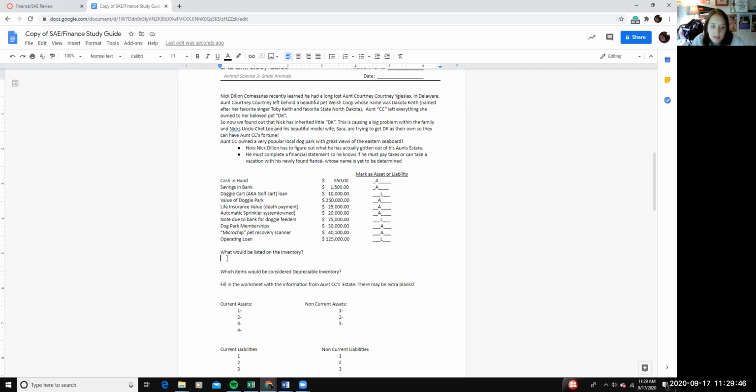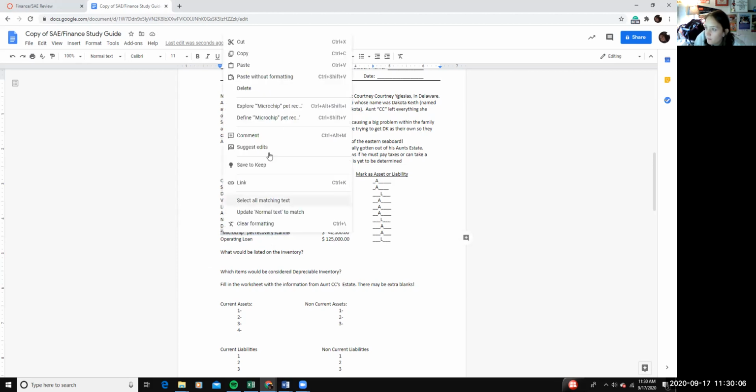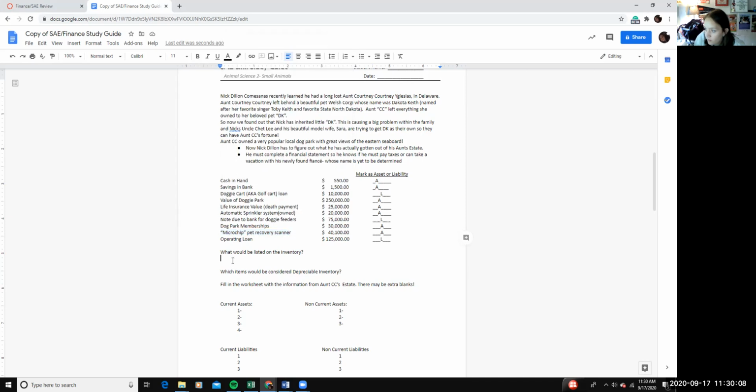All right, what would be listed on the inventory? Inventory would be anything that you have that could depreciate in value or it could hold its value. So for inventory, the pet scanner would be one. The doggy golf cart itself would be one, not the loan, but the doggy golf cart.